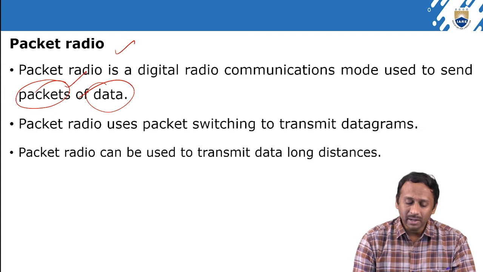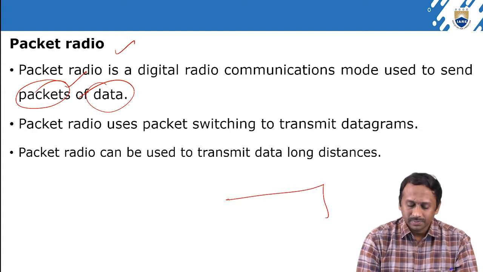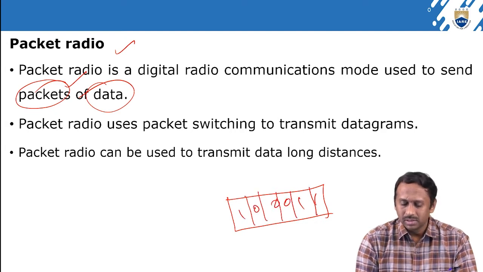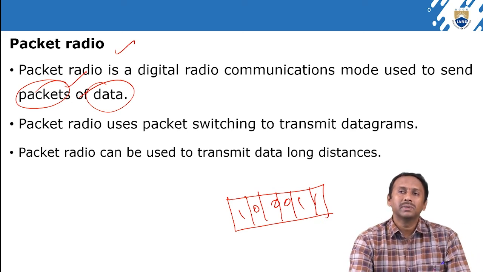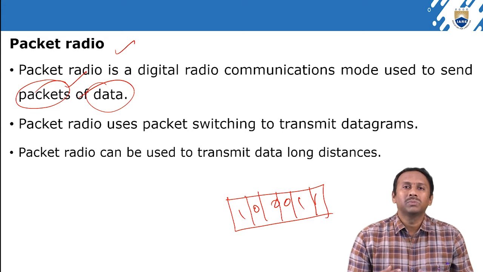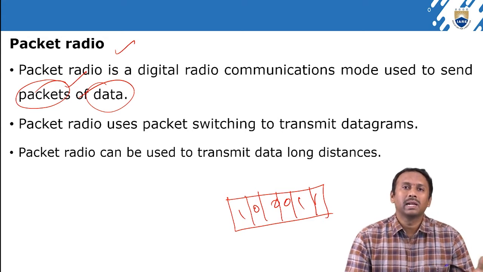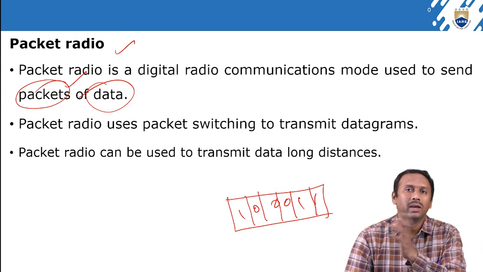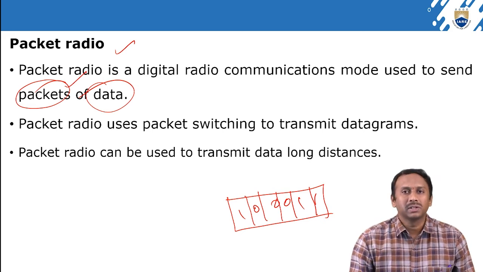What does packet mean here? A packet is nothing but a set of bits. Assume that generally bits are going to be like 100, isn't it? Whatever data we are sending, we are much aware of English, so we type some letter in English and transmit the letter to some person. How is it transmitted?